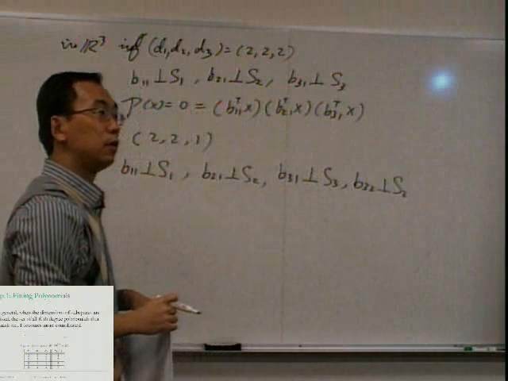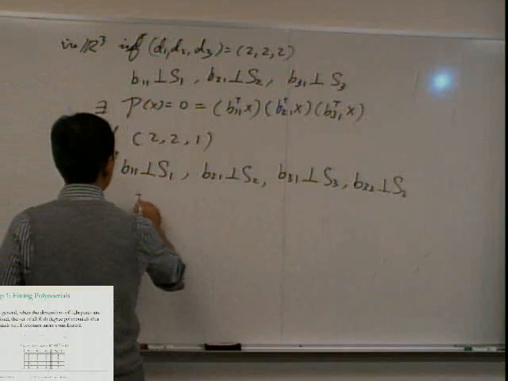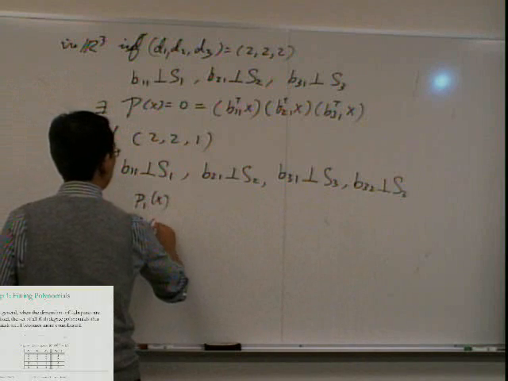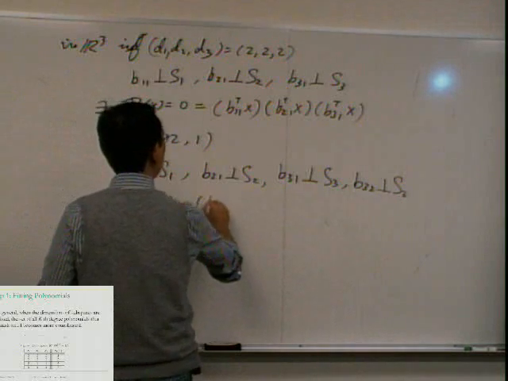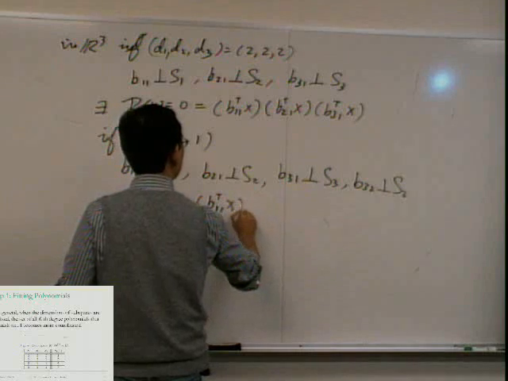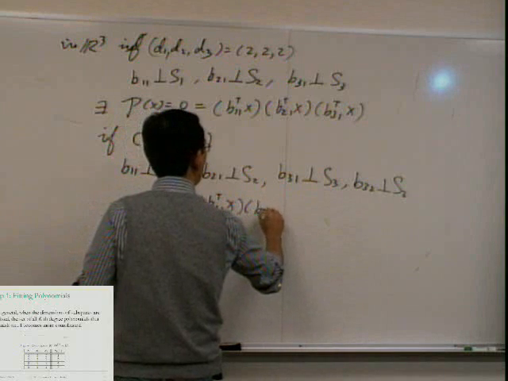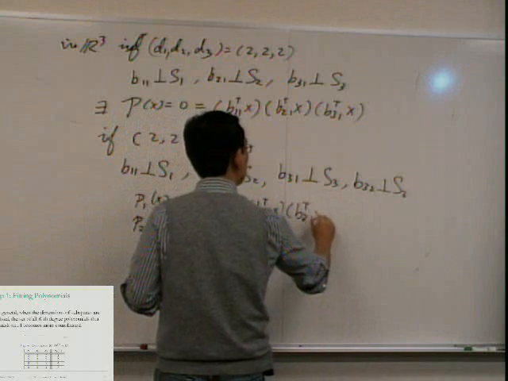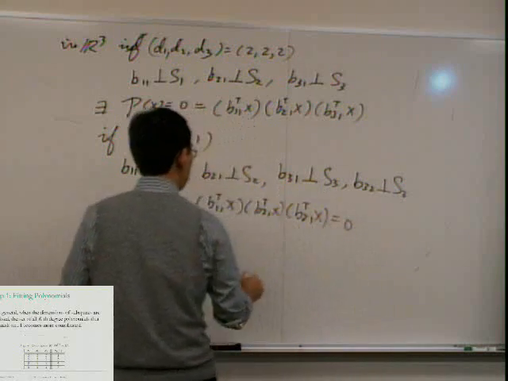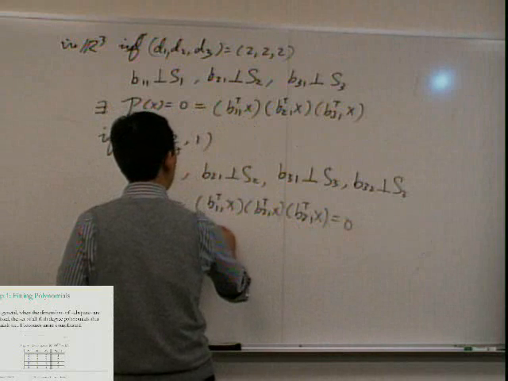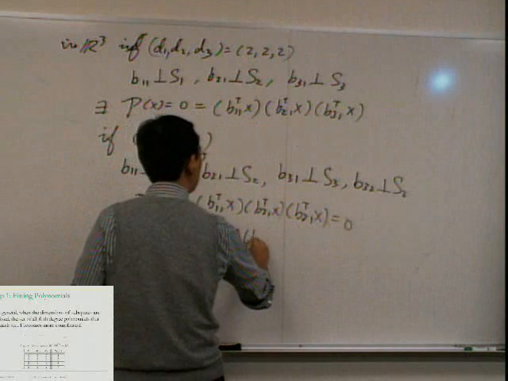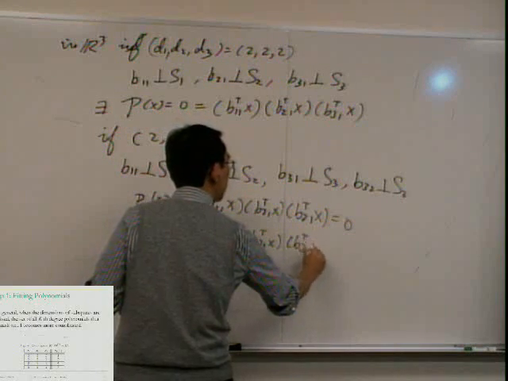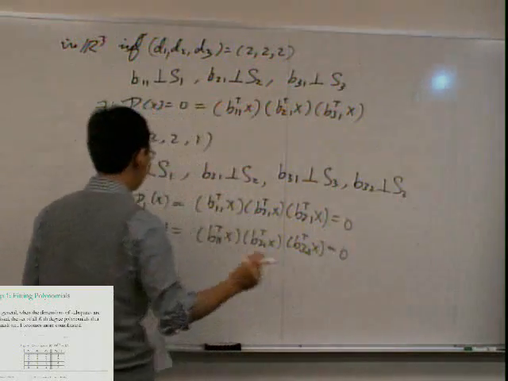Correct? So in that case, we have two vanishing polynomials. They are B11 transpose x times B21 transpose x times B31 transpose x equal to 0, and B11 transpose x times B21 transpose x times B32 transpose x equal to 0. Okay?